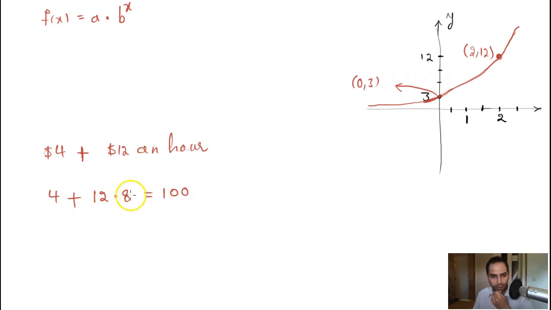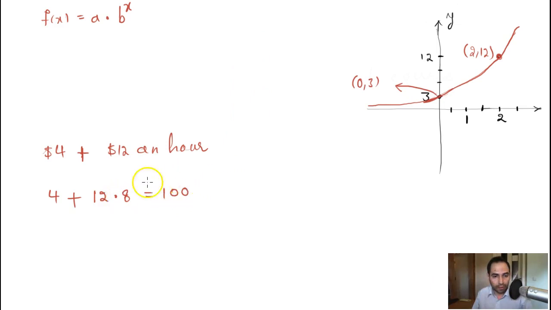Let me see. I think it's right. Sometimes I make mistakes. 12 times 8 plus 4 is 100.